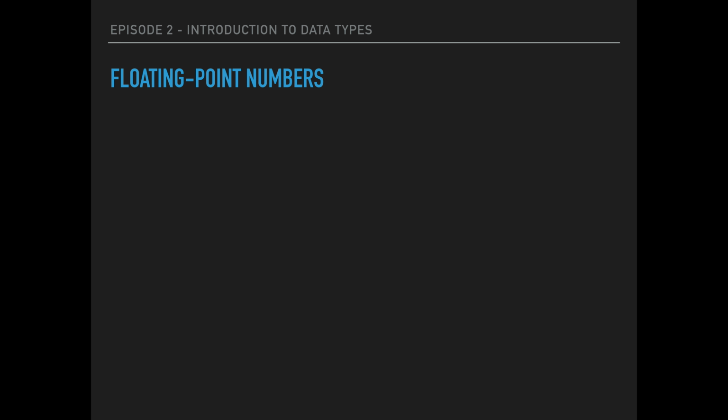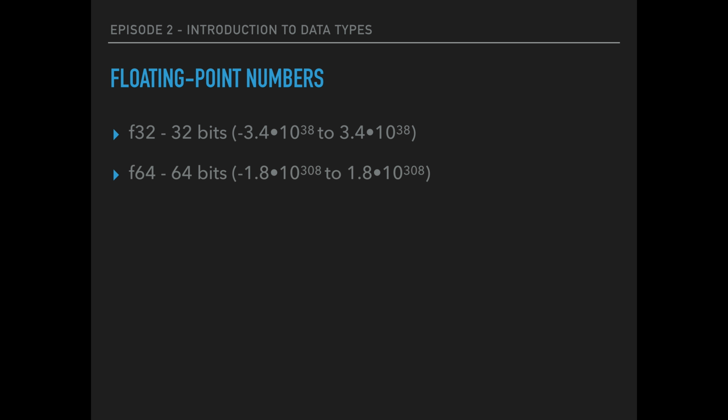In Rust, we also have floating point numbers, and we have 2 different sizes. It's either the f32, and that's 32 bits, or the f64, and that's 64 bits. And these are IEEE single and double precision floating point types. The f32 is a single precision floating point type, and the f64 is a double precision floating point type.